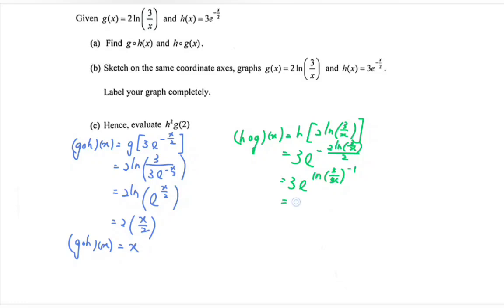If we simplify, we have 3e^(ln((3/x)^(-1))). So we have 3(3/x)^(-1), meaning that we have 3(x/3). So h∘g gives us x.